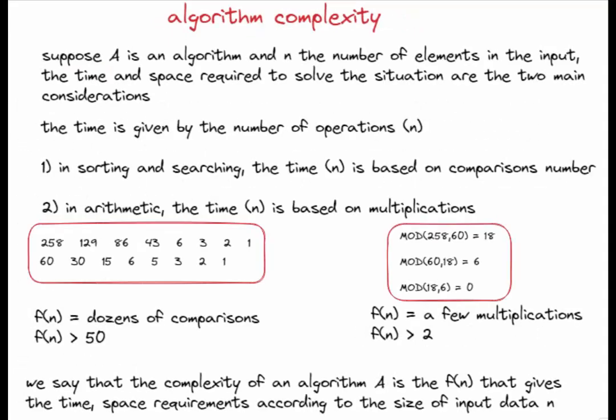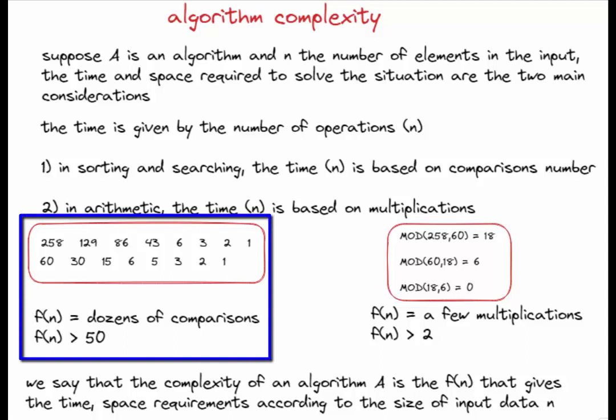From the last example, we can extract the complexity definition: according to the algorithm structure, a machine will take more or less time to solve the same problem. For example, the first method we used needs to decompose each number into its multiples and make dozens of comparisons to get the result.